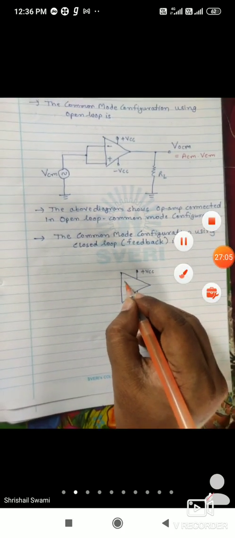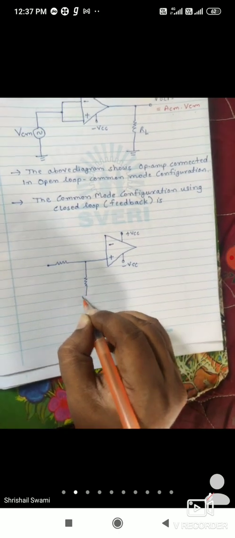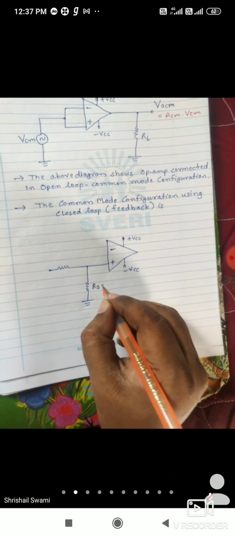So this is the op amp, with plus VCC and minus VCC. This is the inverting terminal and this is the non-inverting terminal. This resistor is considered as R3, same as RF, and this is R2, same as R1.